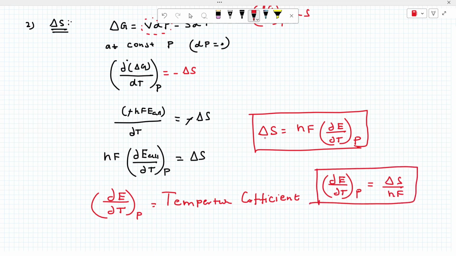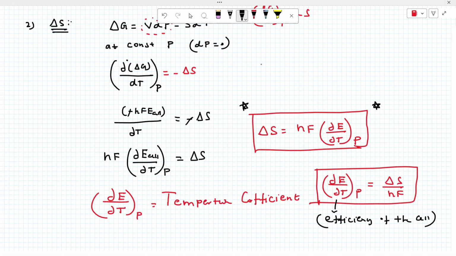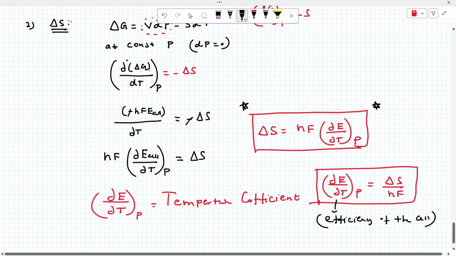Another name for it is efficiency of cell. What is this called? Efficiency of the cell. Now, this is an important formula, very important, please note. There will be a direct question in the exam. Okay, important, please note.